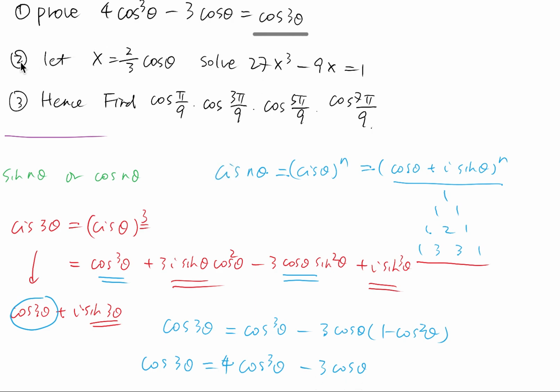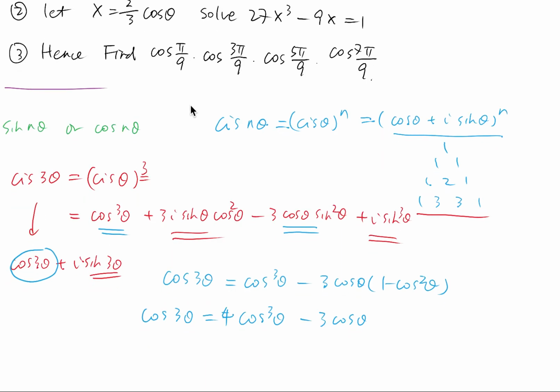The second part asks you to use a substitution to solve 27x cubed minus 9x equals 1. All we're trying to do here is replace x by 2 over 3 cos theta.